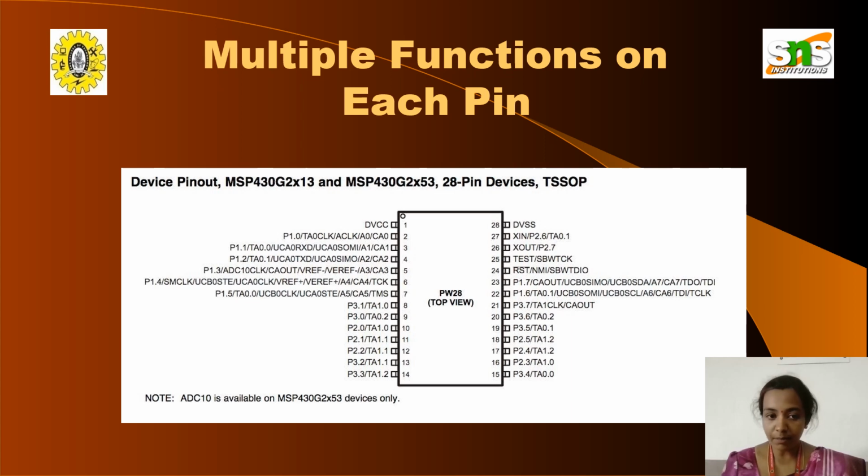So this is a pin diagram of a microcontroller, the MSP430G2x31 and MSP430G2x53. Here 28 pins are there. The power supply is VCC, then port 1 with P1.0, P1.1, P1.2, P1.3, 1.4, 1.5.